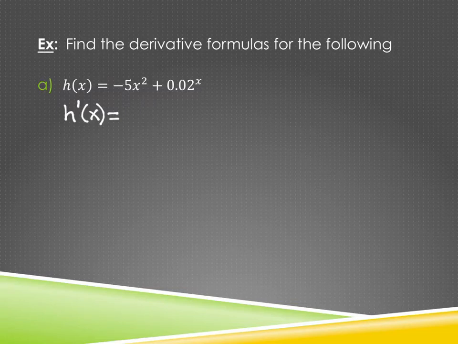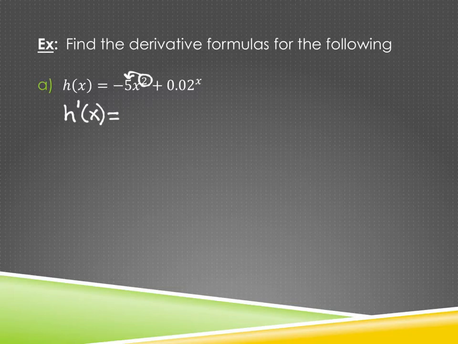It also has an x squared. That's a power rule. At the end, we have 0.02 to the x. That's an exponential rule. That's rule 6. All right? There's a lot of rules, and they all occur at the same time. So on the first piece, when we see this constant multiplier rule and this power rule at play, we take the 2 and we bring it down and we multiply it by the -5.